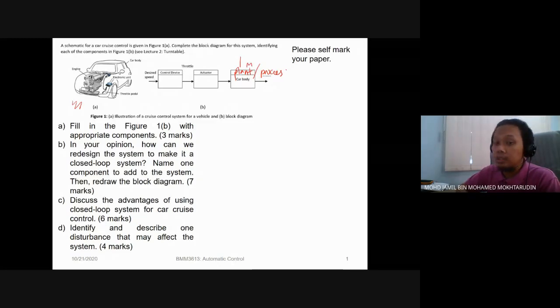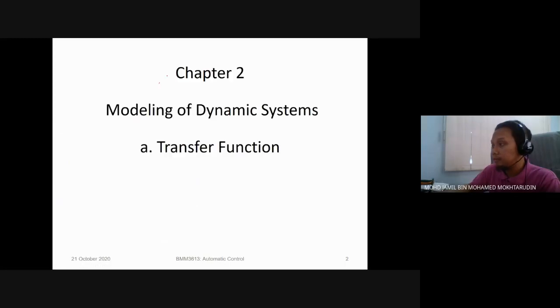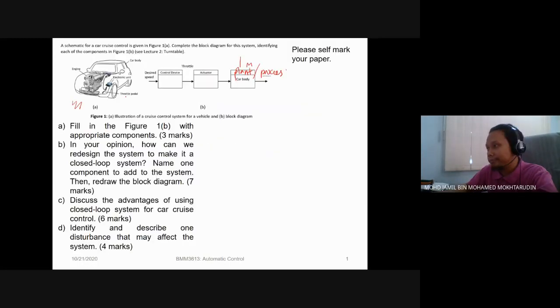So from this figure, the thing that controls the speed is basically the throttle pedal. So the throttle pedal is the control device. So you get 1 mark here.